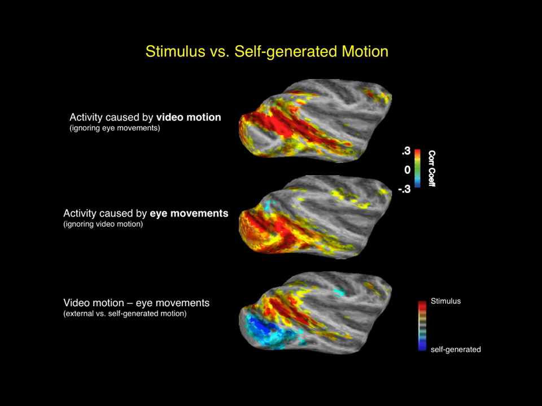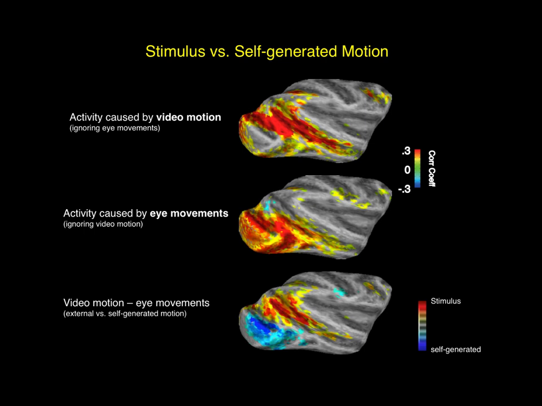A clearer view of this we can see by taking a difference score between the video motion and the eye movements. We see that two distinct areas are really being driven by these two types of motion. The early visual cortex is being driven more by the retinal motion, or reafferent signal, and the later visual areas like MT and on are being driven more by the stimulus motion. So what this suggests is that these later areas are accounting for this self-induced motion by subtracting it out of the signal, essentially.